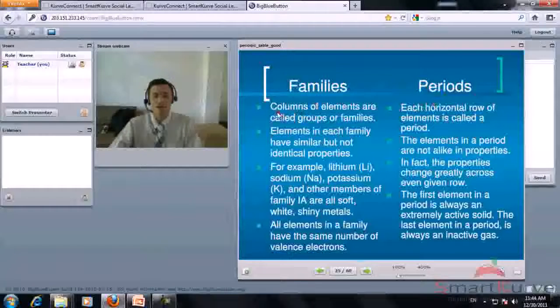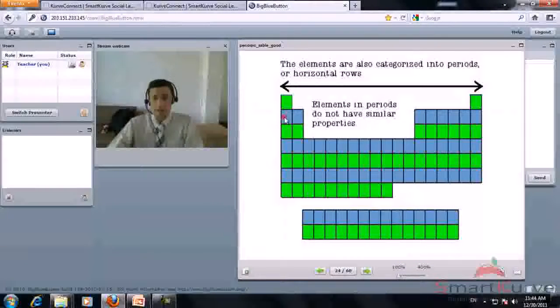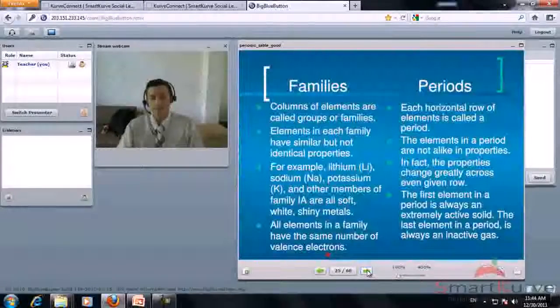So here, families, columns of elements are called groups or families. Those are the columns, straight up and down. Elements have similar but not identical properties. For example, lithium, sodium, and potassium. We talked about them. Lithium, number 3. Sodium, number 11. Potassium, number 19.